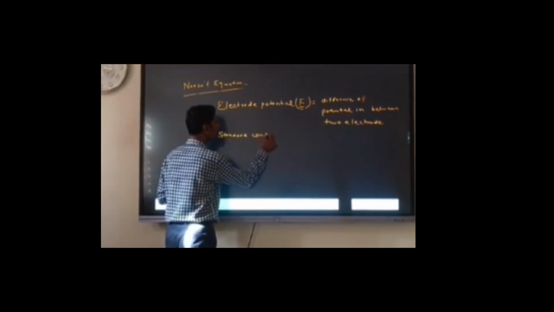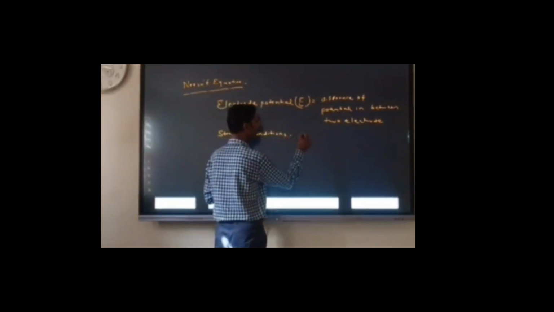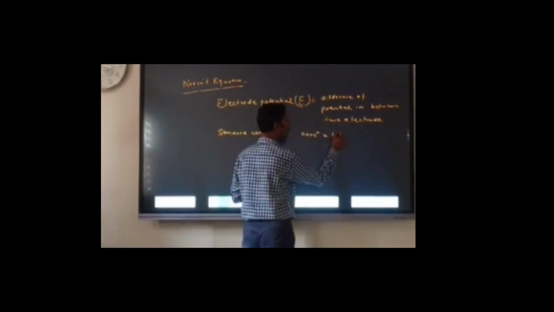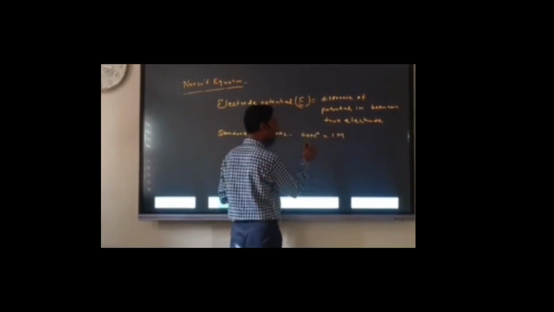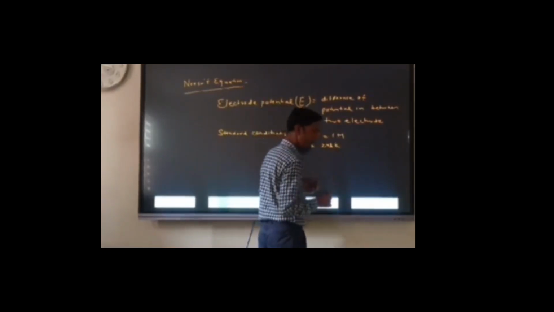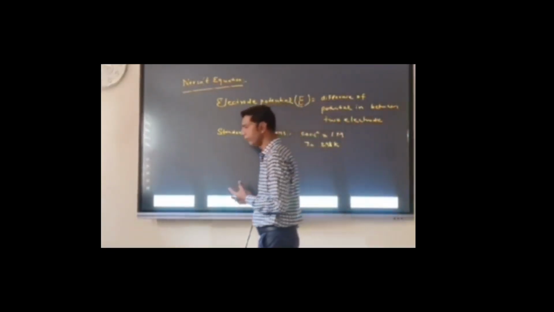Standard conditions are when the concentration of the given electrolytic solution is 1 molar and the temperature is 298 Kelvin. Under these circumstances, electrode potential calculation is very easy.